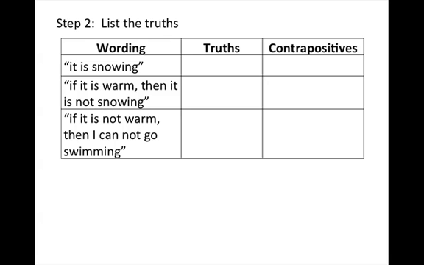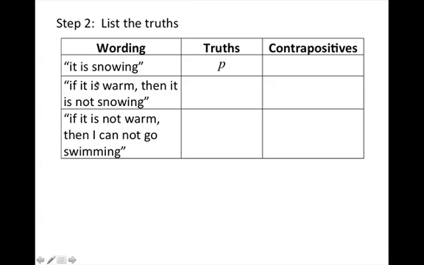First, I'm told it is snowing. That was my P. That's not an implication, so it's not going to have a contrapositive. So I'm not going to have anything in this cell of my table. Next, I have, if it is warm, then it is not snowing.